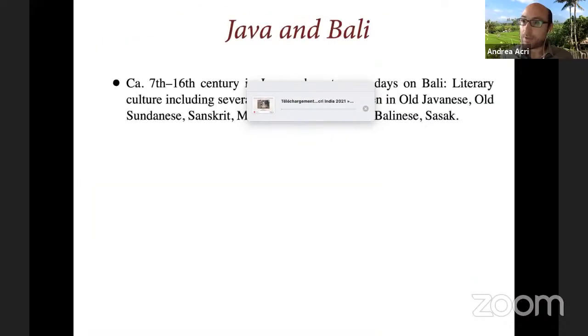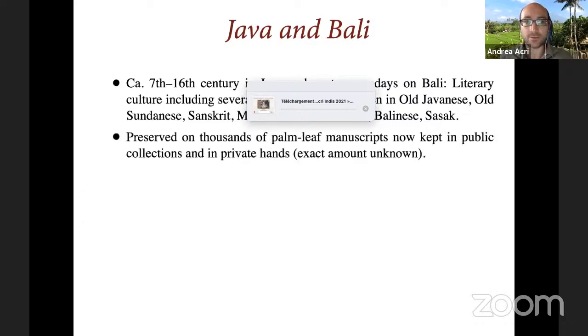So we have basically a lot of texts, probably several hundreds, if not thousands. Of course, very little has survived because of the climate. So we have much less than what was available in the past, written in several languages, Old Javanese, modern Javanese, Balinese, and other regional languages in the period from the 7th to the 16th century.